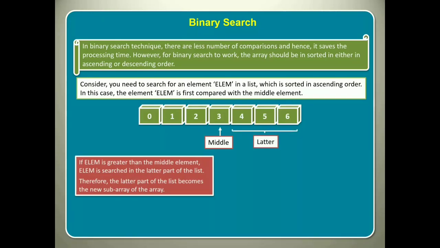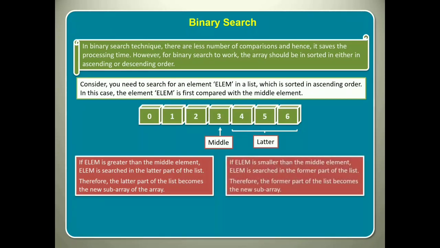Therefore, the latter part of the list becomes the new sub-array of the array. On the other hand, if LM is smaller than the middle element, then the former part of the list is searched. Here, the former part of the list becomes the new sub-array.